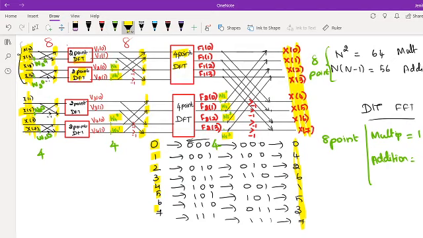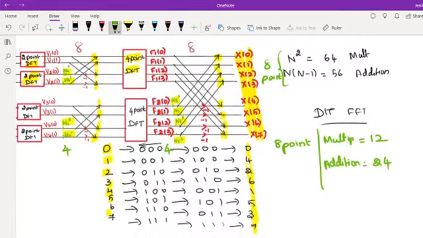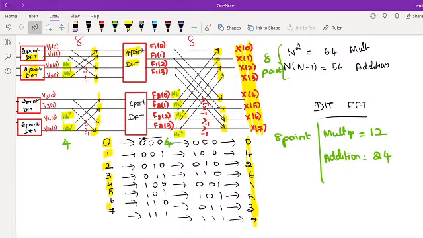In the third stage, again 8. So 8 plus 8 plus 8 is 24. So we use 24 additions for DIT FFT. So when compared to the direct computation, the complex additions and multiplications are reduced much.